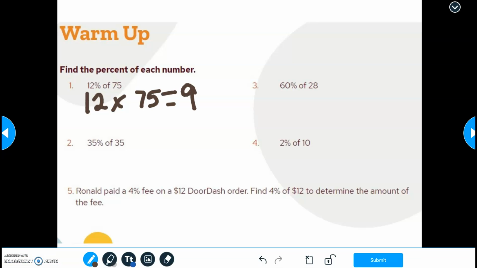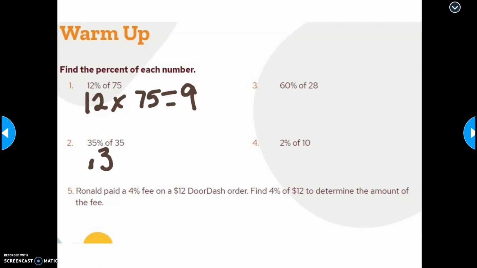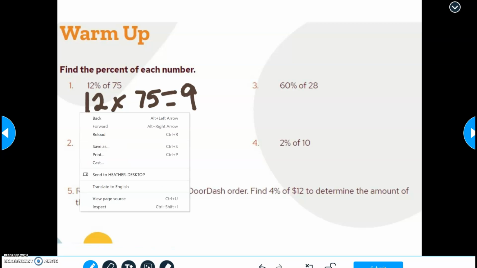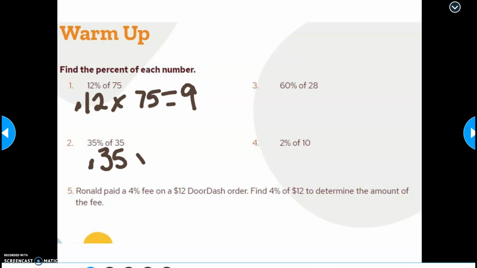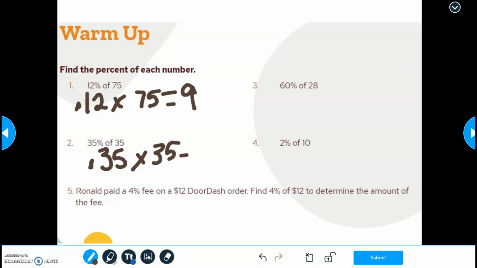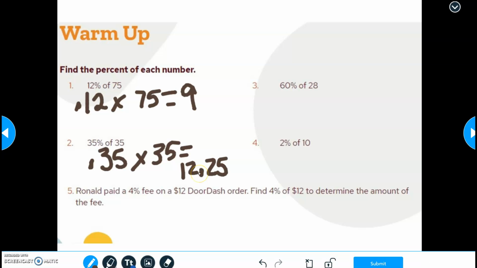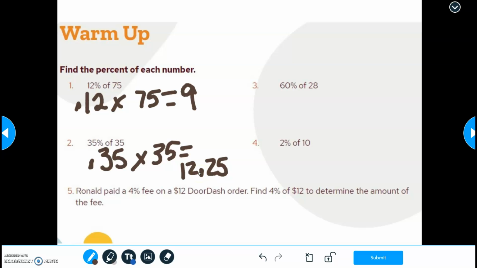This 35 is the decimal point, 0.35, there we go, times 35, which is 12.25.